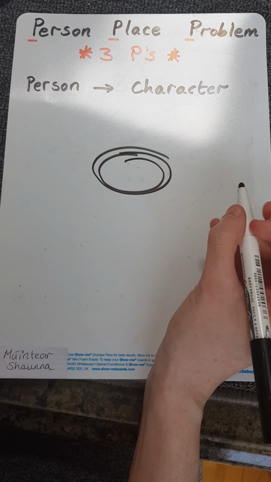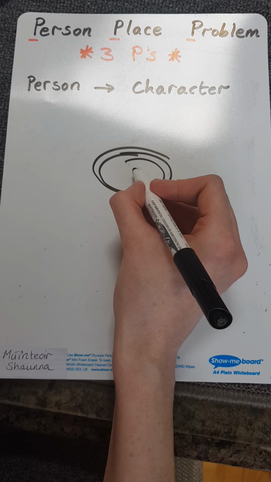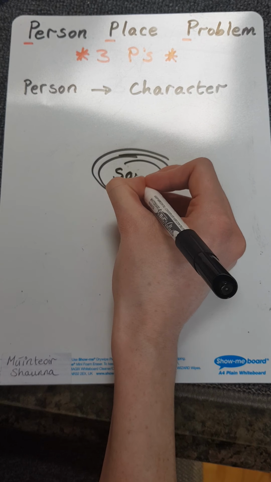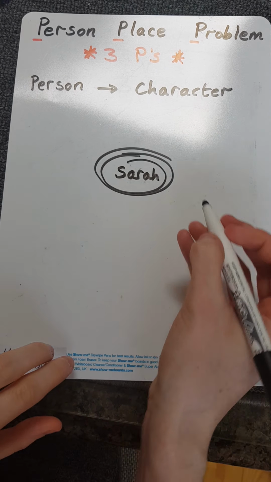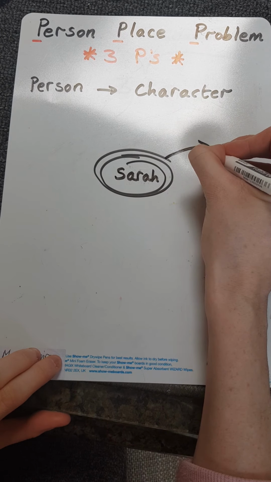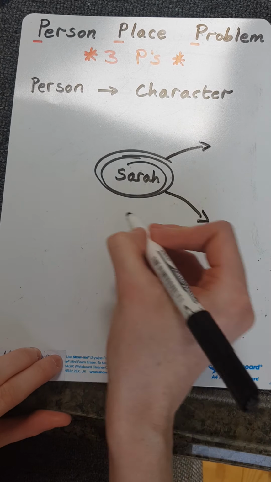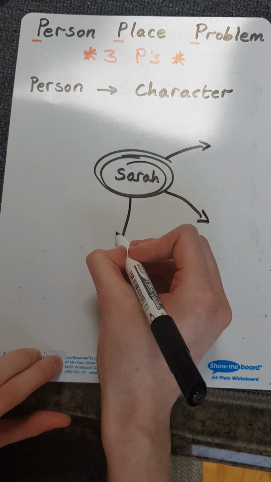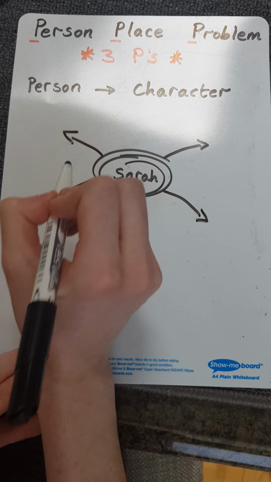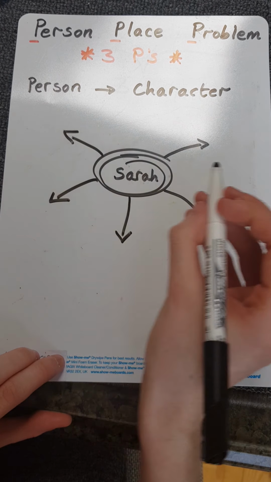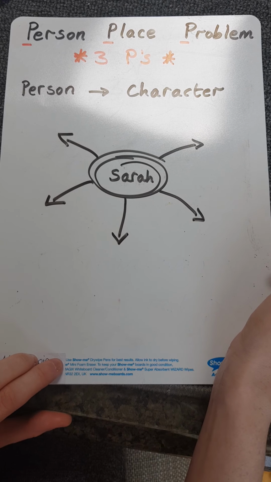Just for the sake of it, say my character's name is Sarah. I will write Sarah's name down. Now, I'm going to draw arms out, maybe about 5 or 6 arms out from Sarah's name, and these are going to have subheadings and show other little sections of what we will talk about in relation to Sarah.